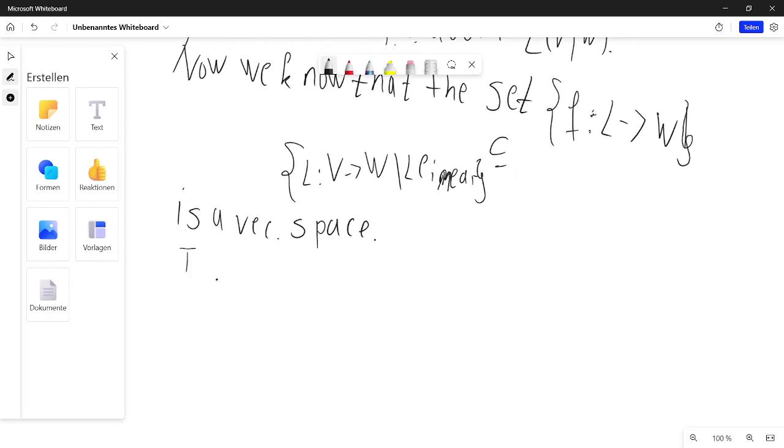Just to show that it is a vector space, we now have a useful lemma. We know what special kind of vector spaces can arise there, and this is subspaces. And we have a workaround to show that something is a vector space very easily if we actually show instead that it is a subspace.